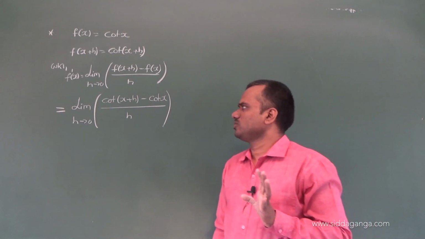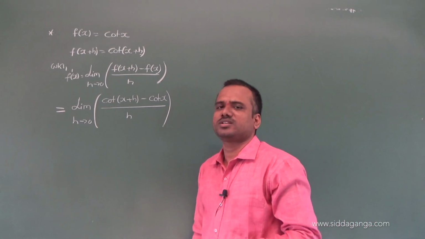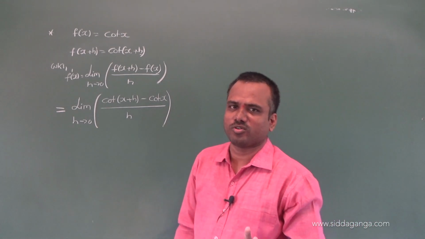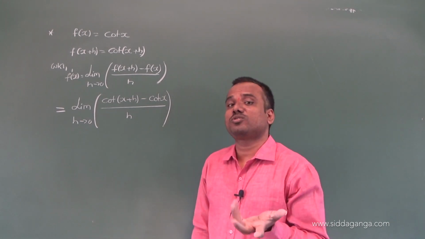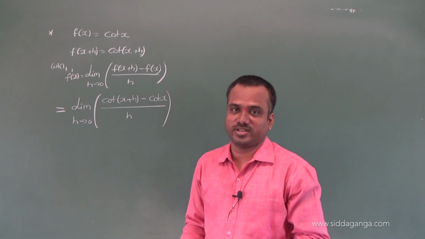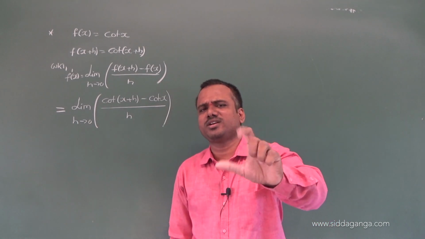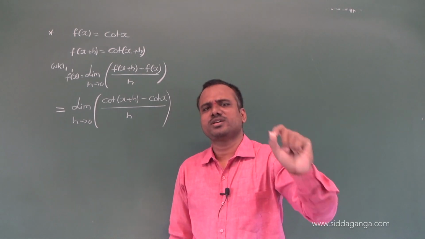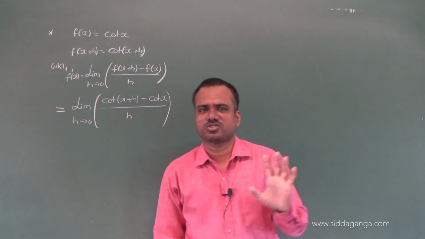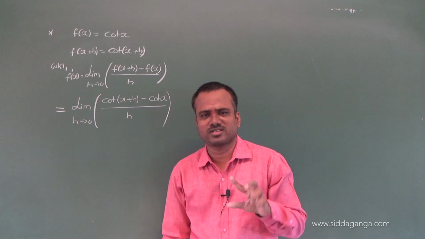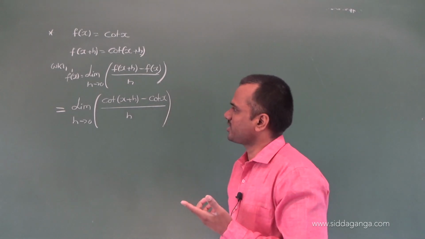Correct? So what we did in tan x, same procedure we have to follow. Why? We don't know cot C minus cot D. We know only formulas like sin C minus sin D, cos C minus cos D, sin C plus sin D, cos C plus cos D. But tan C minus tan D, cot C minus cot D, we don't know.